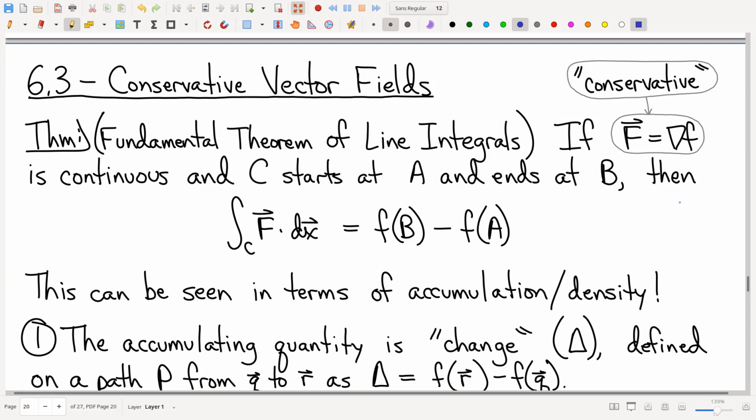Real quick, I want to talk about what a conservative vector field is. This is just terminology. Frankly, I'm not a big fan even of this terminology. A vector field is conservative if it's a gradient. And it's another one of those situations where I'm like, okay, well, why don't we just call it a gradient, right? Why do we need a whole other word for it? I think it's silly. Now, that said, there is a good physics reason for invoking the word conservative.